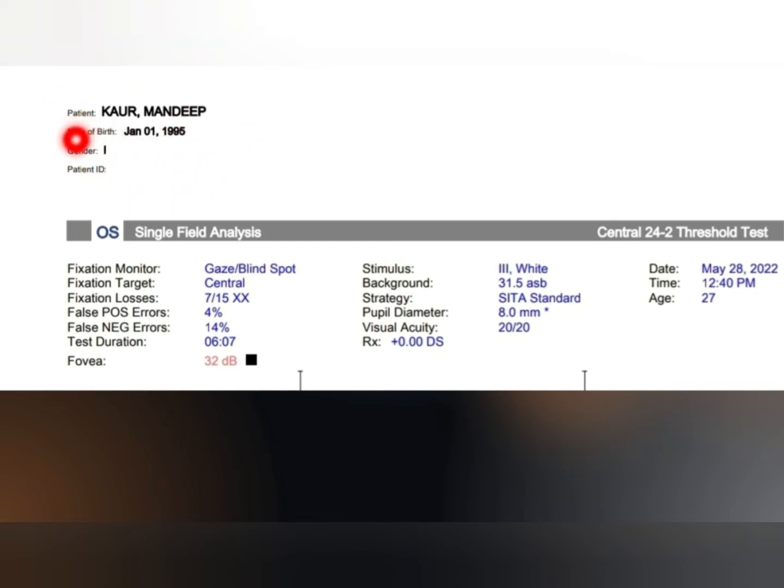In the test data there is the stimulus type, background illumination, strategy, pupil diameter, visual acuity, and all those things. So zone 1 includes patient data and test data, and zone 2 includes the reliability indices.